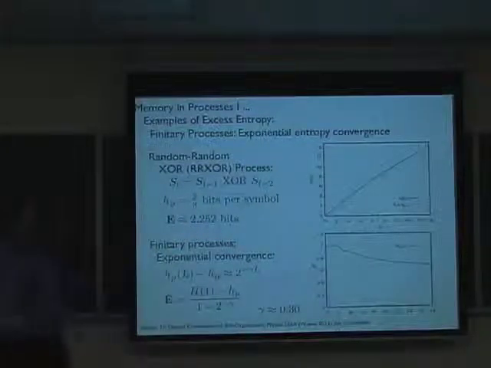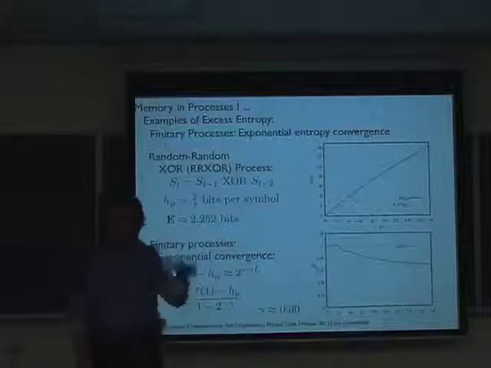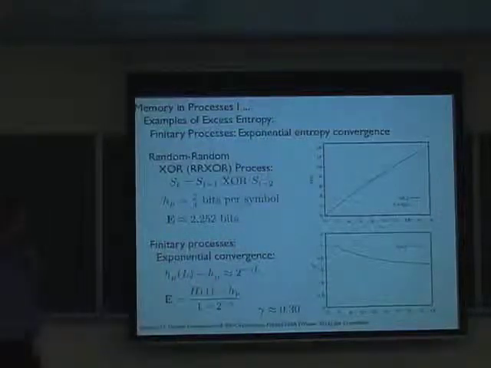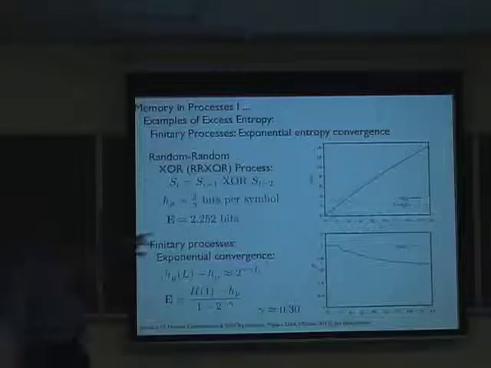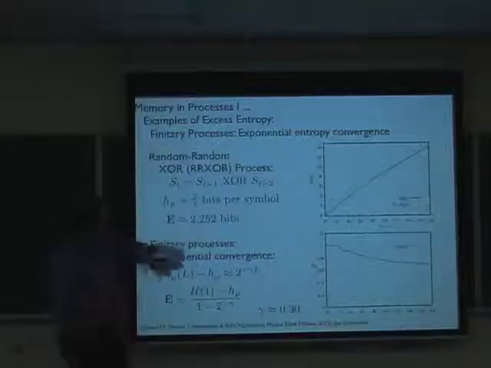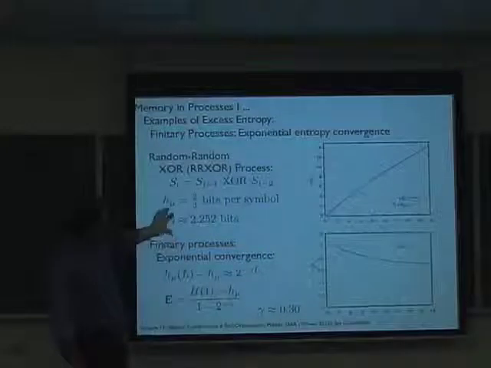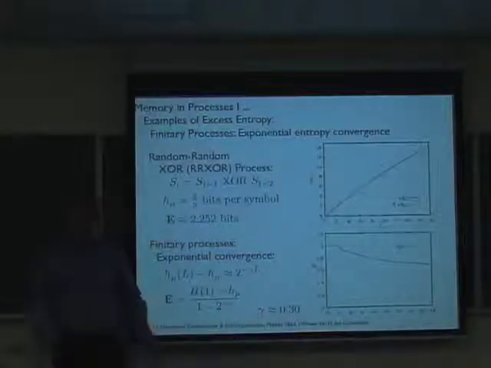Like, the practical response is, I don't care, it's exponential convergence, I'll just chop it off. Well, that's not a principled answer. It's a practical answer. So in general, we call processes that have finite memory finitary. And I'll give a better definition later, but basically, it means finite excess entropy.